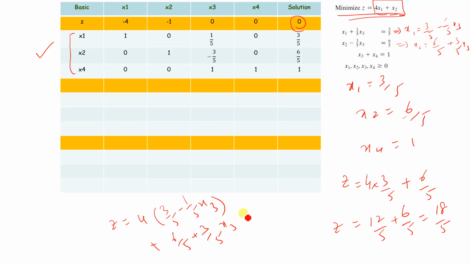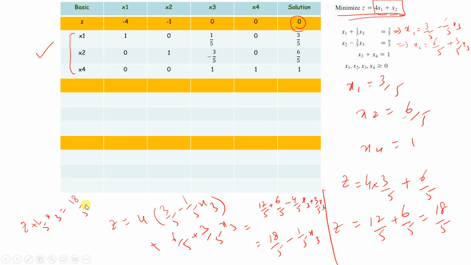So just simplify this. This is equal to 12 over 5 plus 6 over 5. So let me write the constants first. And then we have negative 4 by 5 x3 plus 3 by 5 x3. And after simplification, we have 18 over 5 minus 1 over 5 x3. All right. And the new 0 row will be z plus 1 over 5 x3 is equal to 18 over 5.